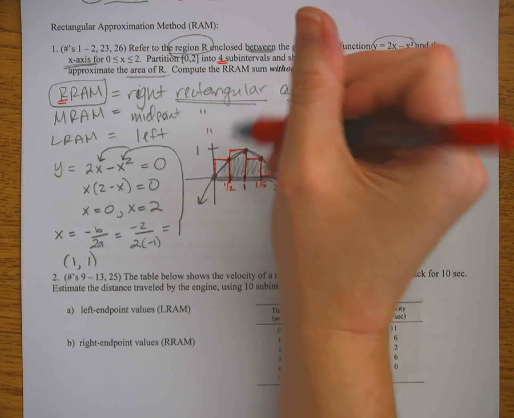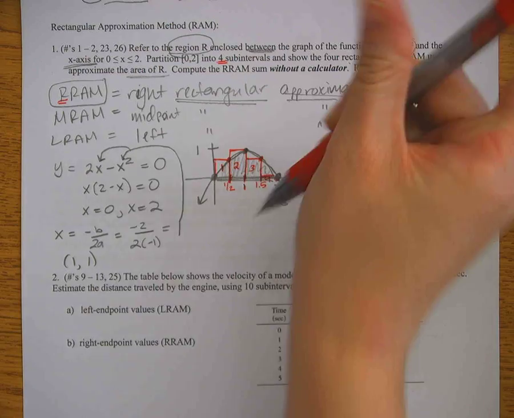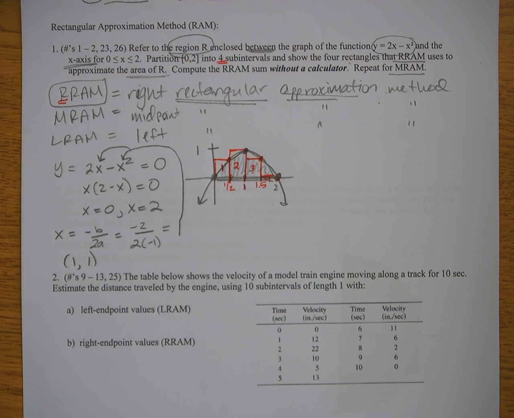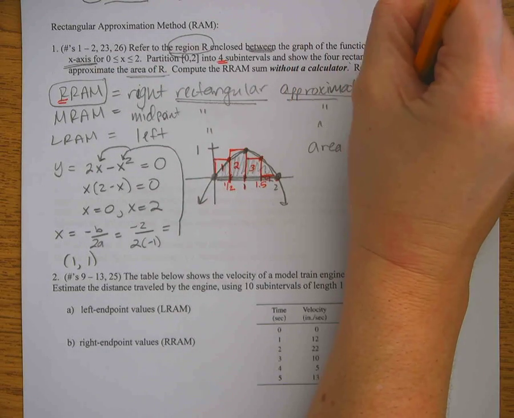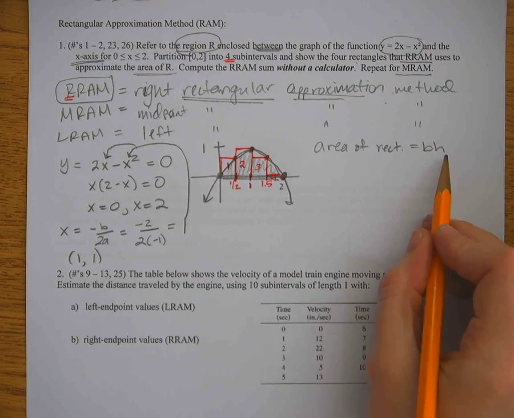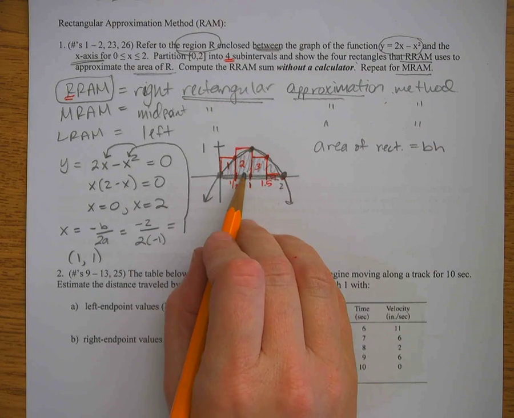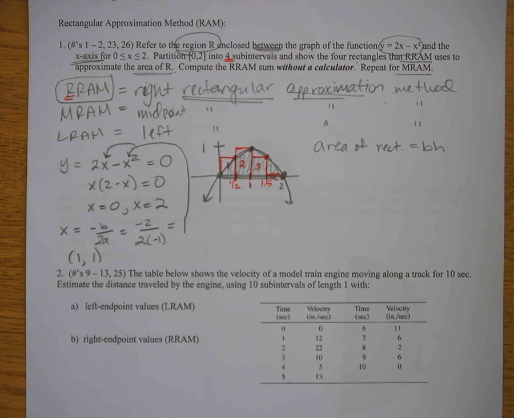And so basically, I'm just going to find the areas of all of these different rectangles and add them up. And so that's what I mean by basic geometry, because the area of a rectangle is just base times height. And so I'm just going to do base times height for the first one, base times height for the second one, base times height for the third one, base times height for the fourth one, and add them up.